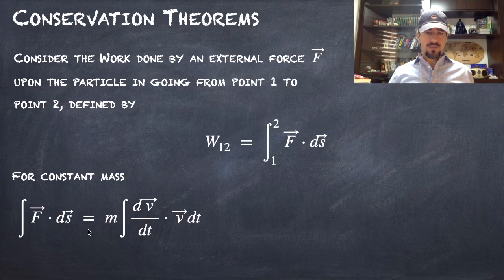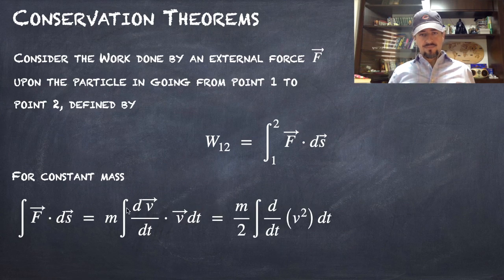For constant mass, the mass can be written outside of the integral, and the force is m multiplied by dv/dt, and the differential displacement can be written as the velocity times this interval of time.